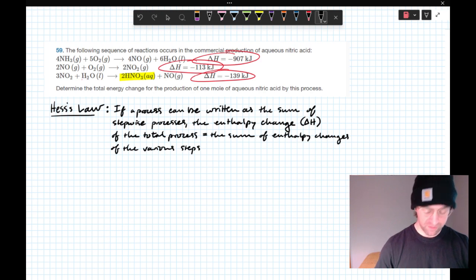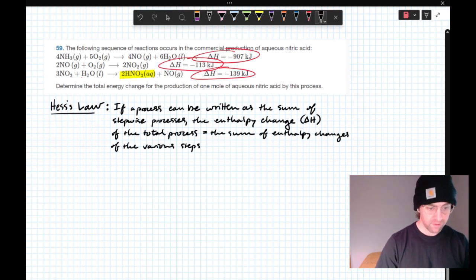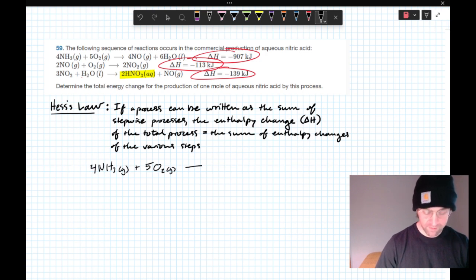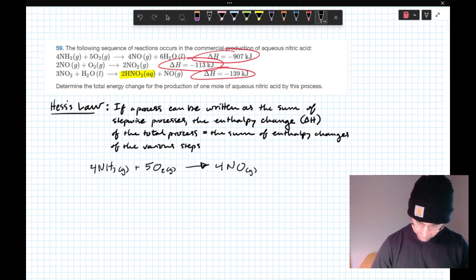So let's get this first one on the table. We've got 4NH3 plus 5 gaseous oxygen yields 4 nitric oxide plus 6 H2O.